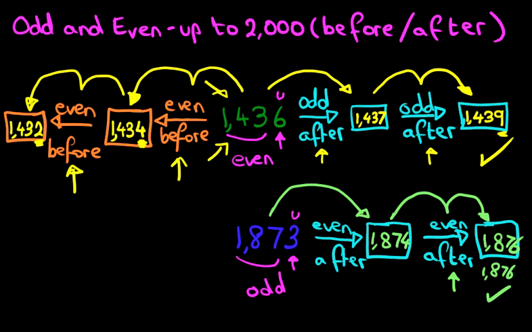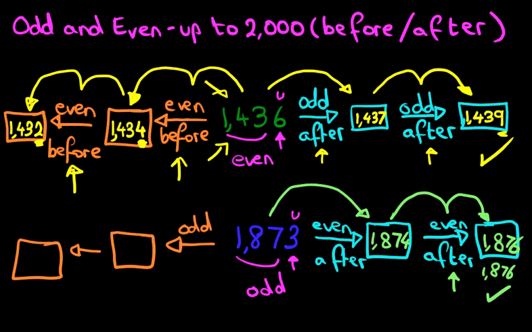Okay, and now coming on to this side here, let's just draw the boxes for the question in first. So this one here, where we have to work out the odd number before.